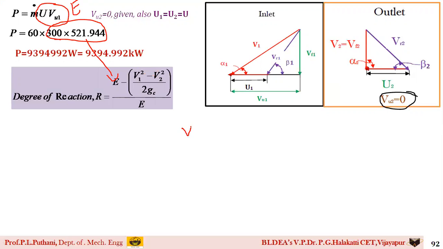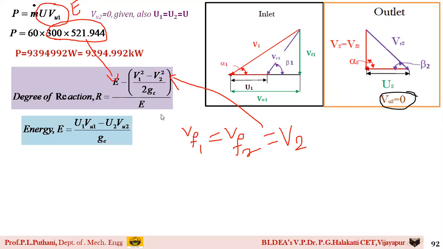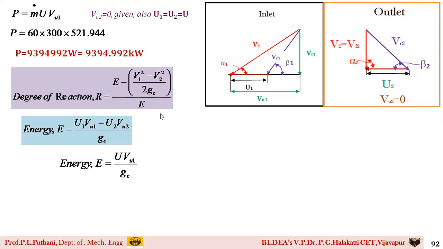We have found out the value of VF1, which is equal to VF2, which is equal to V2 as per the given statement in the question. So automatically you can substitute the values here of V1 square and V2 square. And on simplification, I get this answer. As I said, first I will find the value of E.